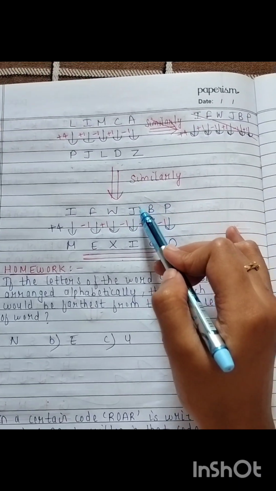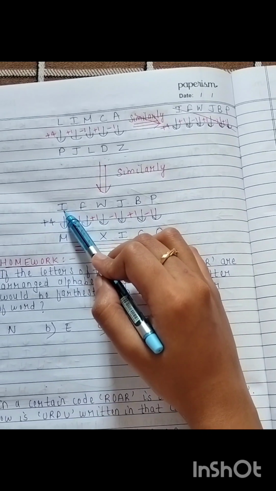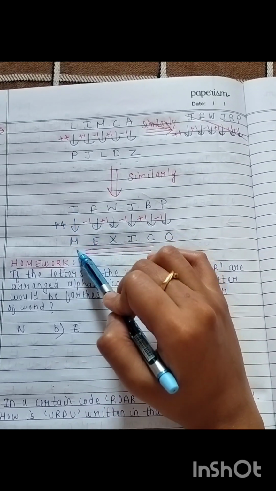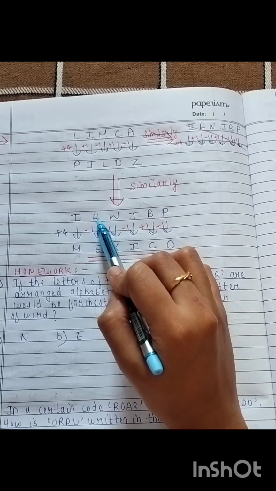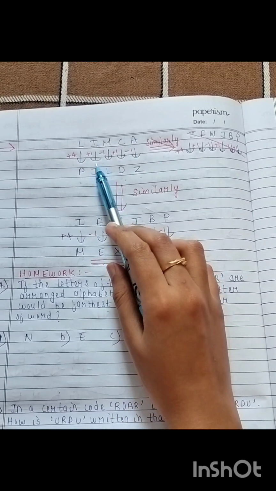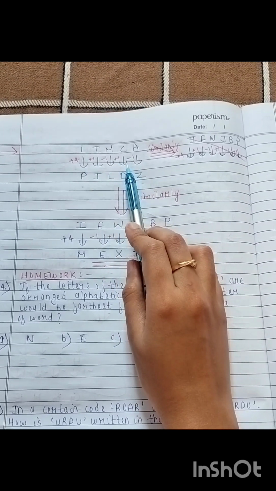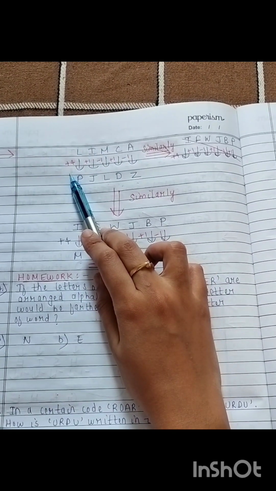Similarly, you need to do for this. So here for I, plus 4 they have done, which will give you M. But here see, F they have given E. Here we have done plus 1, minus 1, plus 1, minus 1. Starting is plus 4 only here also.